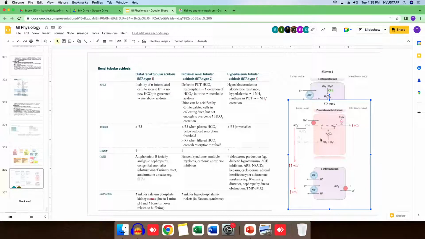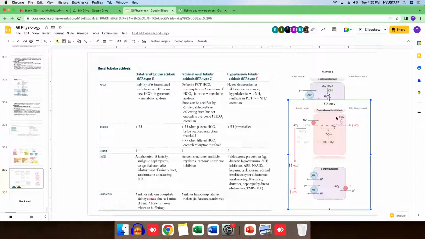Depending on the situation, we can have either low urine pH or high urine pH more than 5.5. When it is filtered and excreted above this threshold we have high pH, and below this threshold we have acid urine mostly. Causes can be Fanconi syndrome, multiple myeloma, or carbonic anhydrase inhibitors.